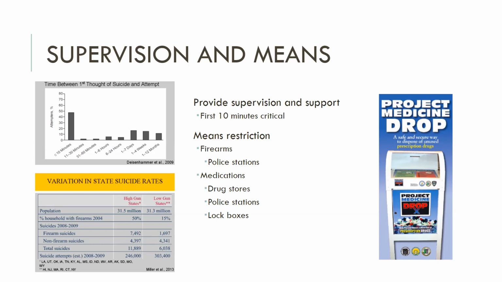You can give them to a trusted friend or family member to hang on to until the individual in question is feeling better. You can also temporarily turn firearms into police stations for safekeeping. It's not a permanent surrender. It's just, these aren't safe to be in the house right now. And your local police station will hold them for you until you're ready to come and get them again.